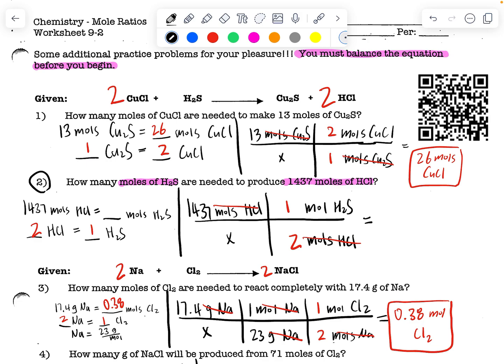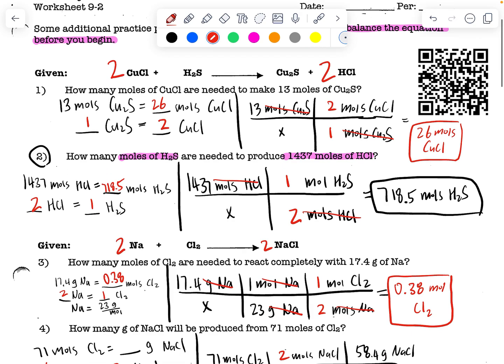So let's go ahead and try that. All right? So that's 1437 divided by 2. And that's going to be 718.5 moles of H2S. That is my final answer. I'm going to go back to my objective that I wrote down here. I'm just going to squeeze that in. Why not? Okay?